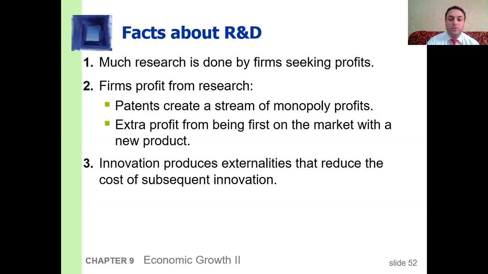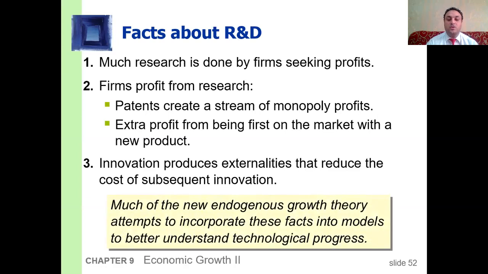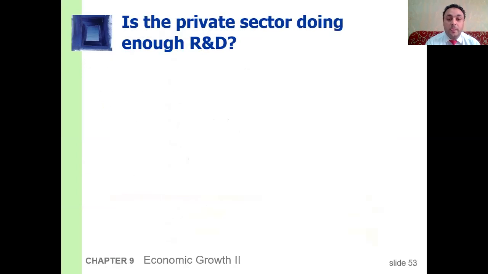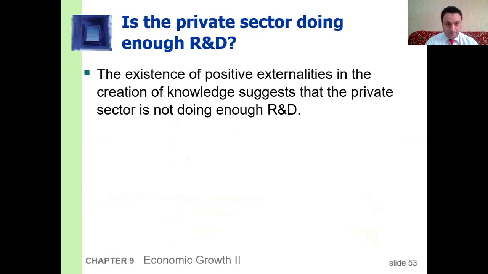Also, innovation produces externalities that reduce the cost of subsequent innovation. So much of the new endogenous growth theory attempts to incorporate these facts into models to better understand technological progress.